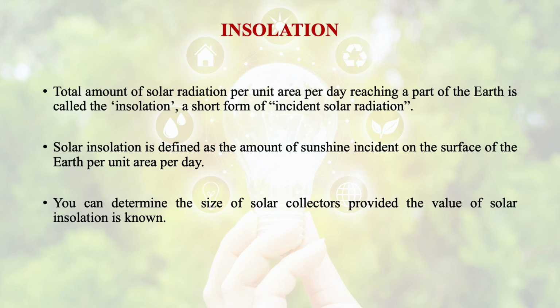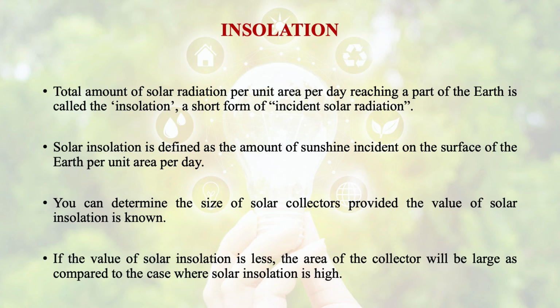And you can determine the size of solar collectors provided that the value of solar insolation is known. If the value of solar insolation is less, the area of the collector will be large as compared to the case where solar insolation is high.